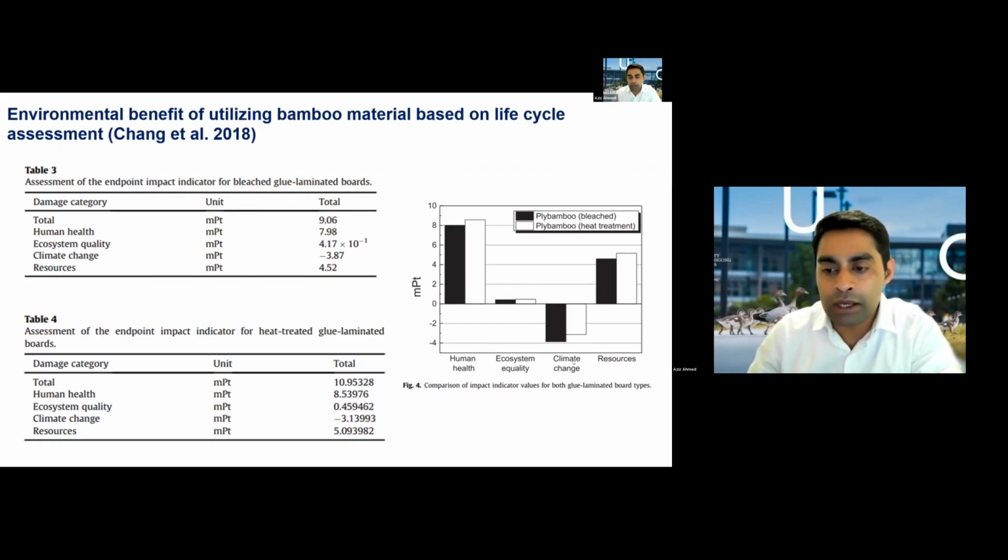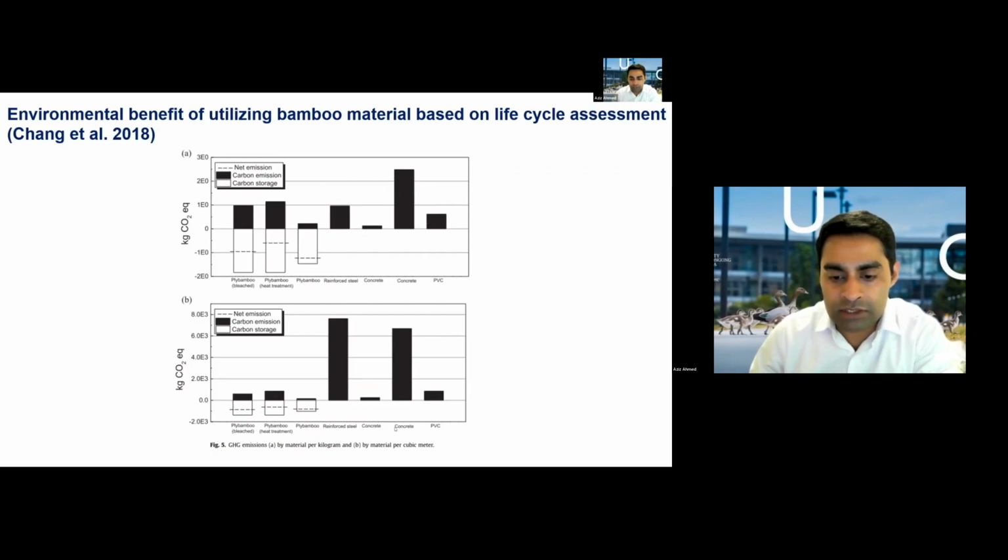So this paper compares those behaviors, and actually you can see under climate change that's a negative effect. So it's not only zero, it's negative. That means it's helping with the climate change scenario, and all the values are there. So these are very useful papers and useful information that we'll be using for this project as well.